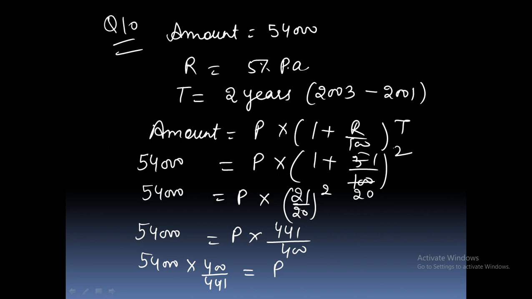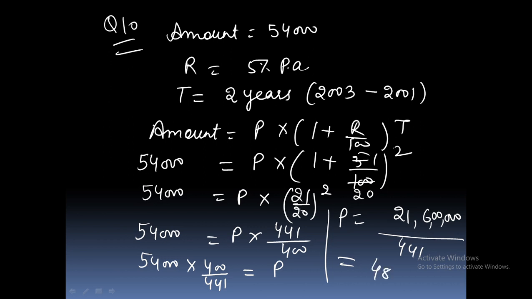Now after dividing these values, we will get here P is equal to 21 crores 6 lakhs, you can say 2 crores 16 lakhs over 441.